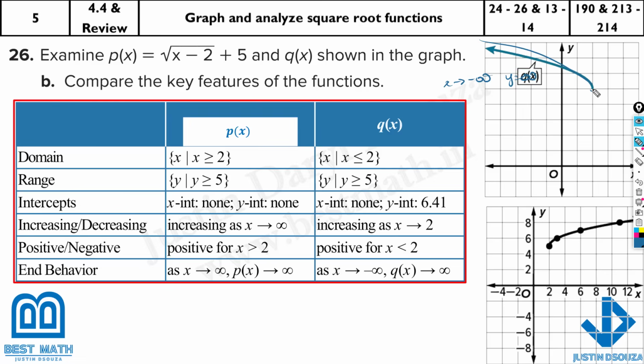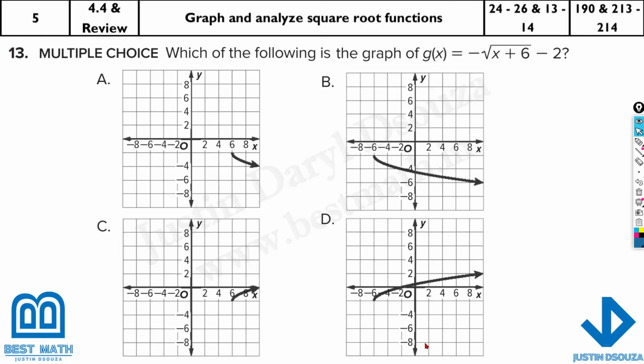There's nothing going towards the right. It's only towards one side. So which side is it going? Minus infinity, right? Therefore, we tell from x towards minus infinity, y will be infinity, y or q of x. So this is how we compare it.